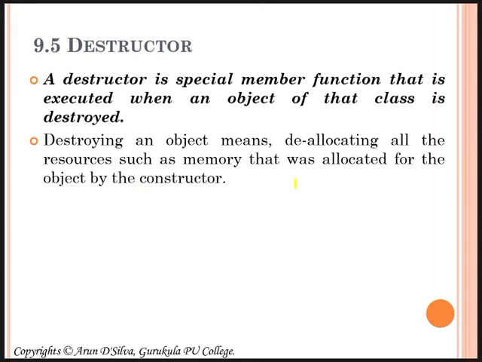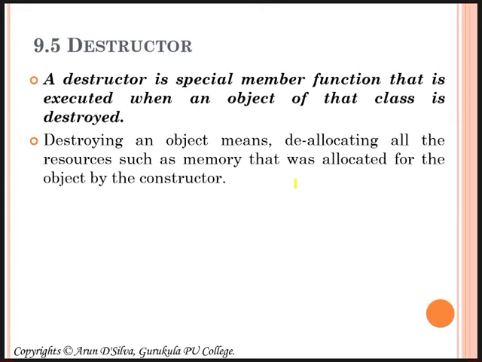As I told you, when we make use of a constructor or a destructor, the new operator as well as the delete operator are implicitly called by the compiler. Whenever a constructor is invoked, the new operator will be implicitly called by the compiler to allocate space for the object.